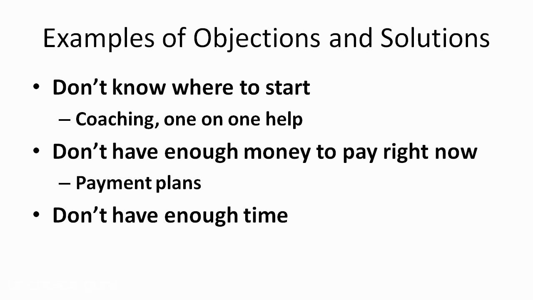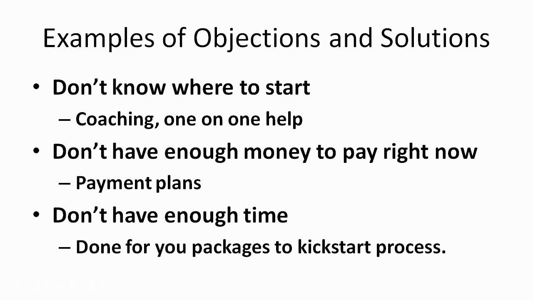That's another very, very popular objection. So what you can do is say, okay, you don't have enough time, so I'm going to offer you a done-for-you package to kickstart the process, whatever that might be. Setting up a website, installing software, getting the configuration settings set up, a service, whatever it might be, you have a done-for-you package to kickstart the process.